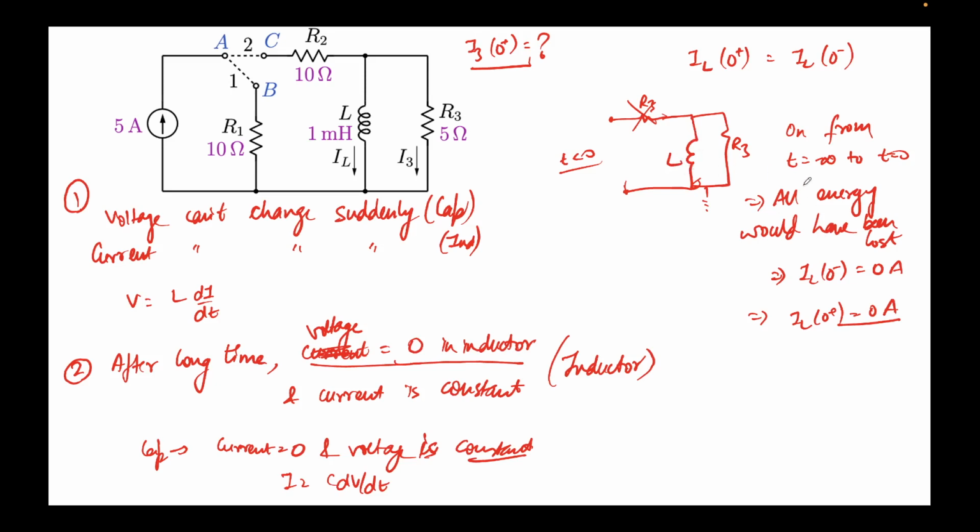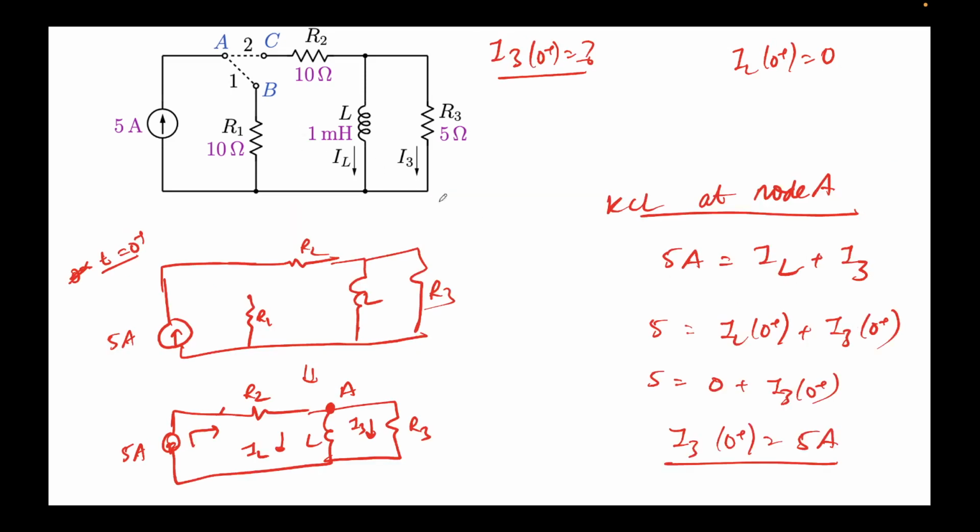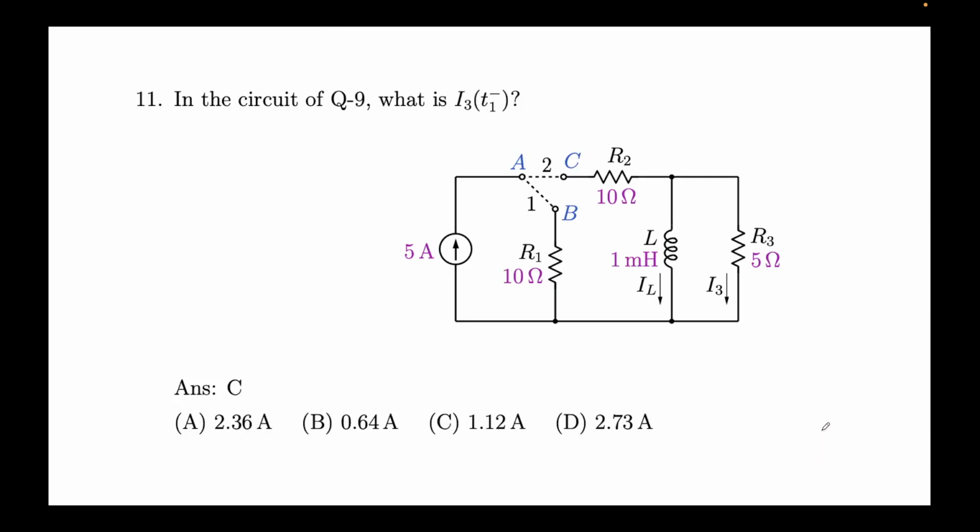Since it was operating for a long time, all the energy would have been lost, and thus the current flowing through the LR3 circuit would have been 0. Using that information, I redrew the circuit by putting the switch in position 2, and then finally applied KCL to arrive at the value of I3 at time t equal to 0 plus, which was 5 amps.